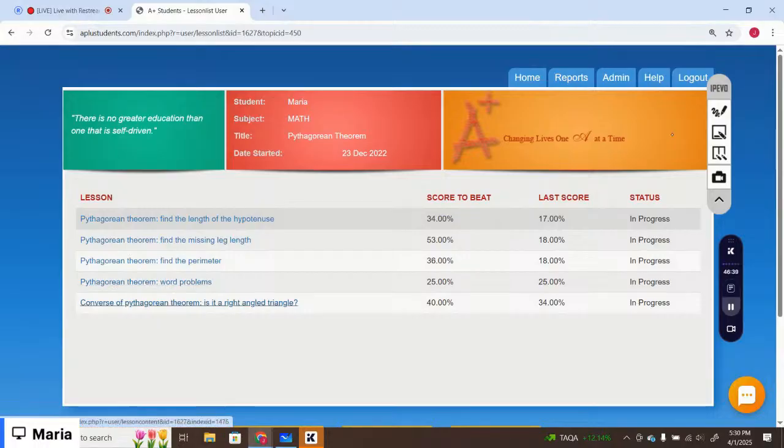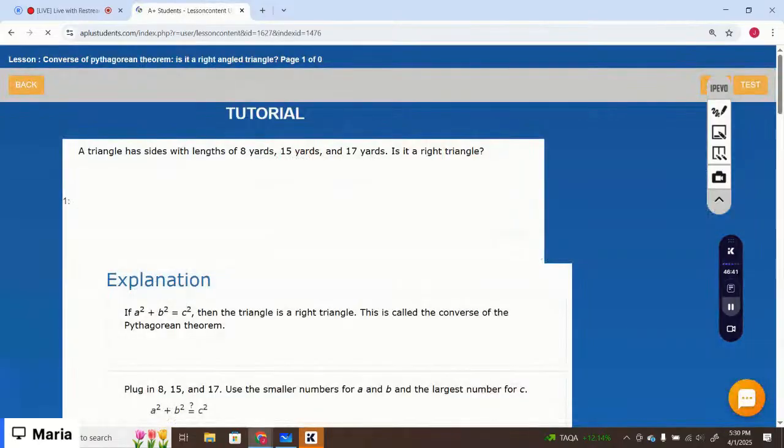Let's check the converse of Pythagorean theorem. Is it a right angle triangle?